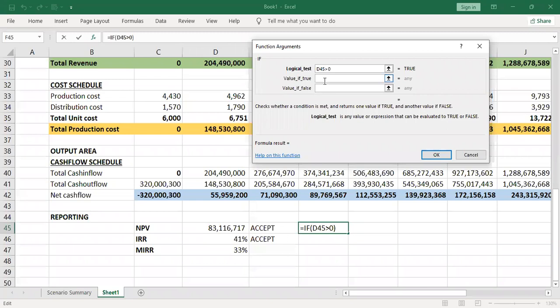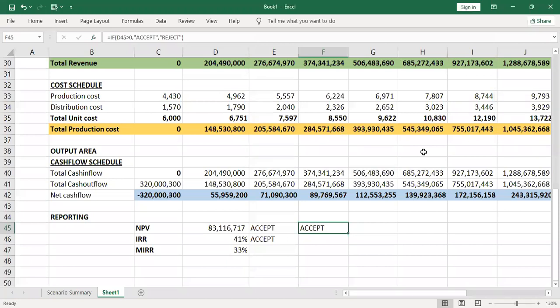Then you go to value if true, you type accept. Value if false, you type reject. In simple terms, if the NPV is greater than 0, I accept. If it is less than 0, I reject. And then you click on OK.